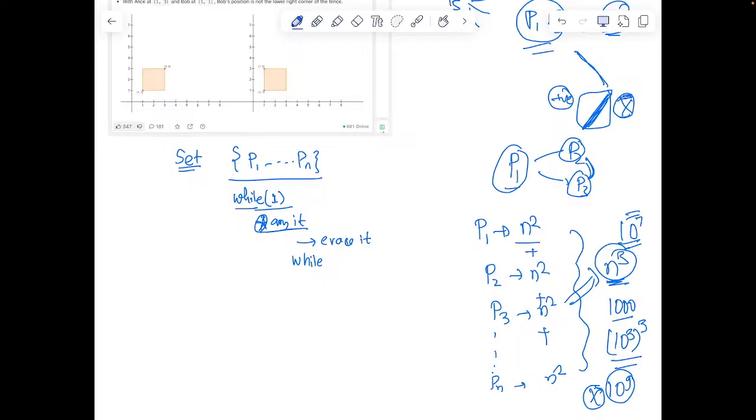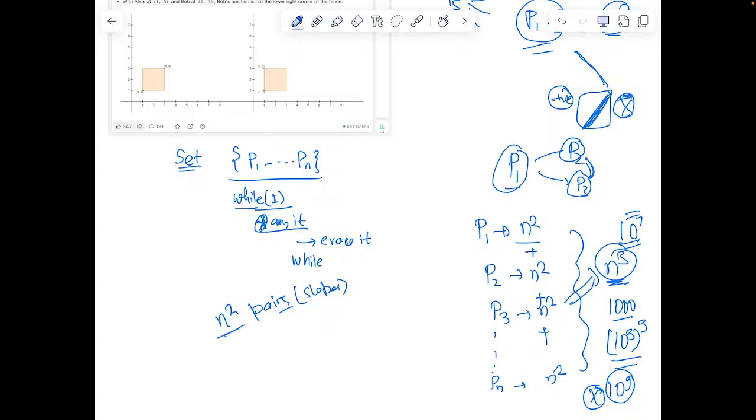So n square we can afford. So wait, what I'm saying is that there will be n square pairs, n square slopes, whatever. Makes sense, right? Makes sense to me. Correct. N square pairs will be there in total. Oh, then we are good.